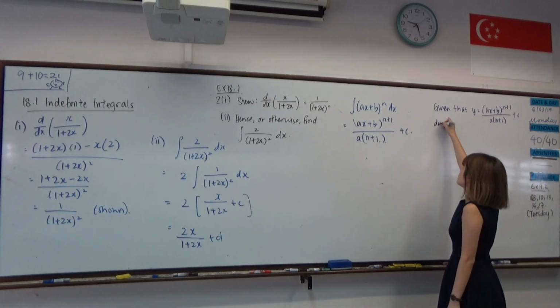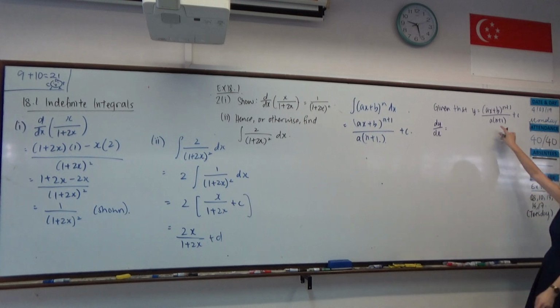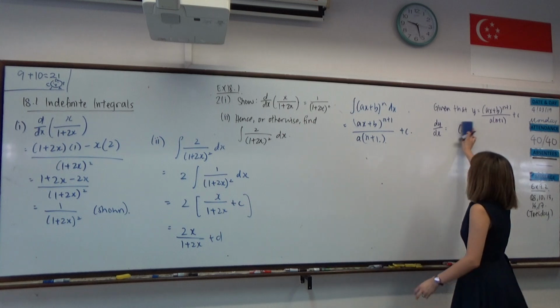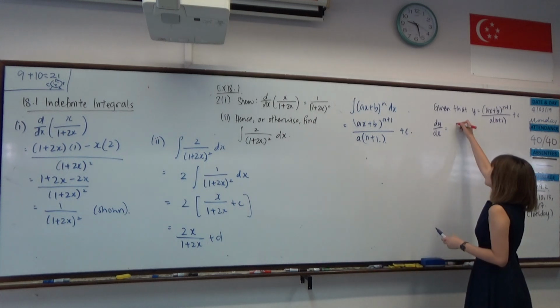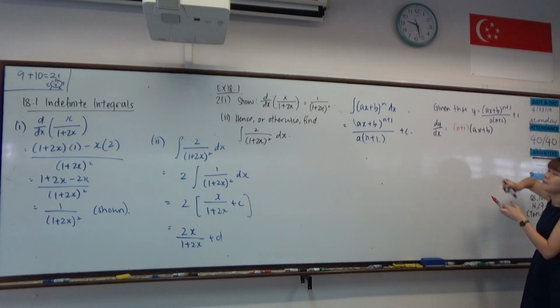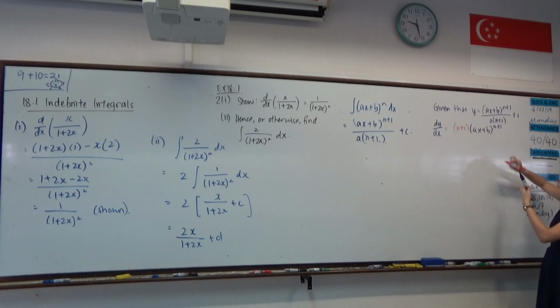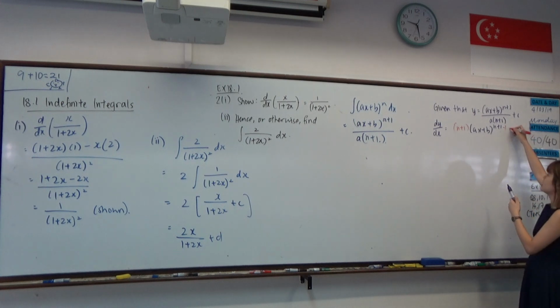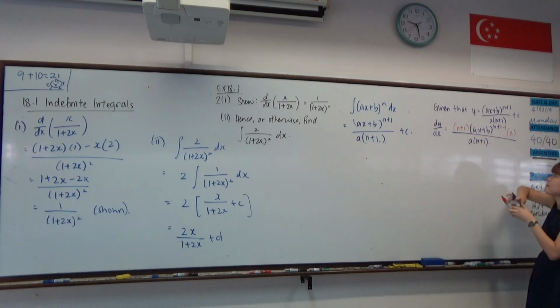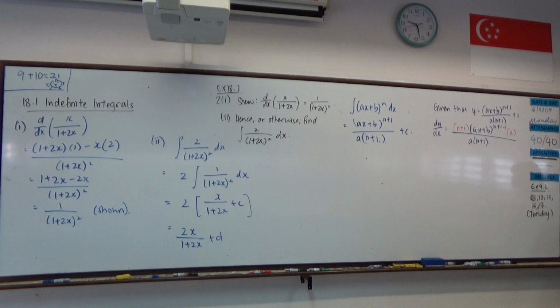I know that if I were to differentiate this, this is just a constant at the bottom. So I will bring down the power first, n plus 1. Then after that, I will have ax plus b to the power n plus 1, I need to minus 1. Then I need to differentiate the inside of the bracket, which is going to be the a. Then after that, plus the c.